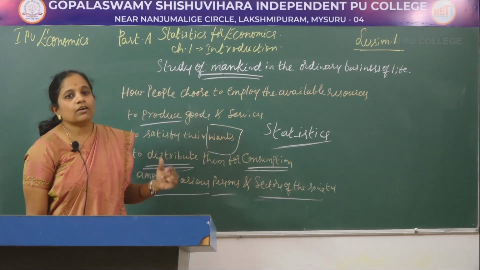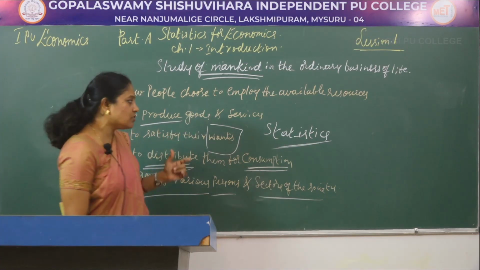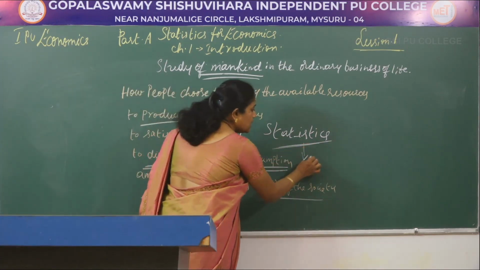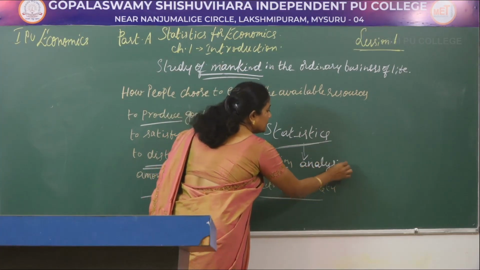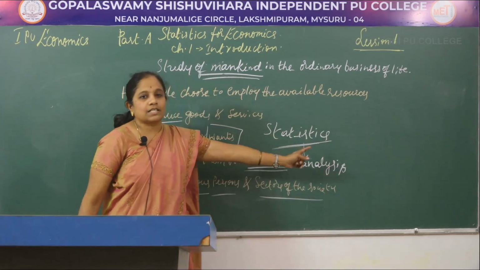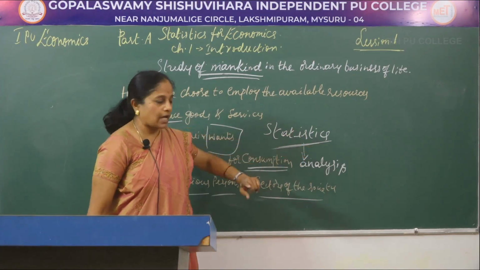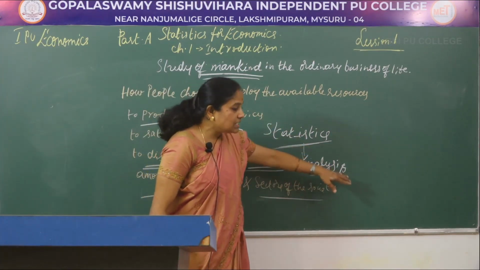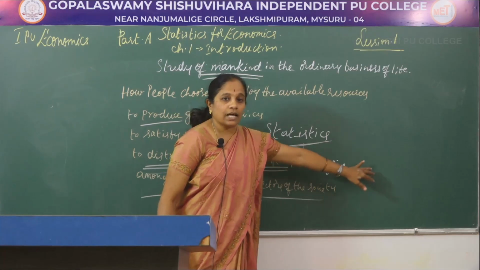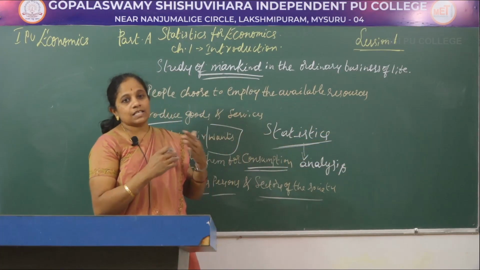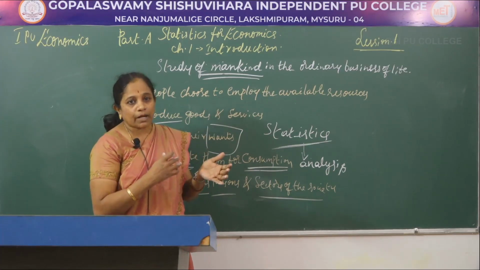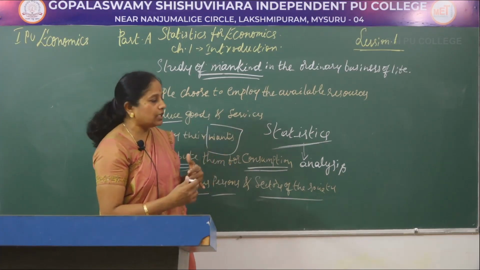So all these economic decisions are based on our analysis. This analysis is made by the statistical results that we obtain in the society. After this analysis we will compare these. This analysis is obtained through comparing the price of the goods, of the commodities.